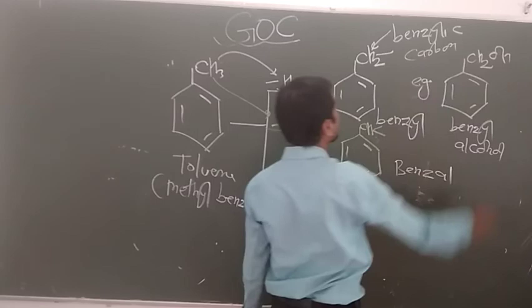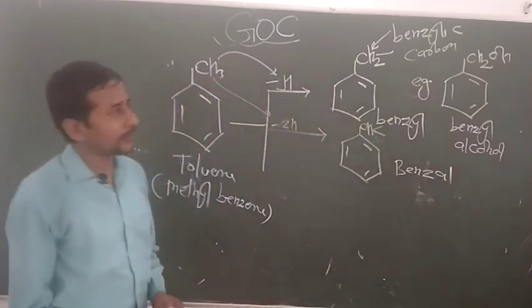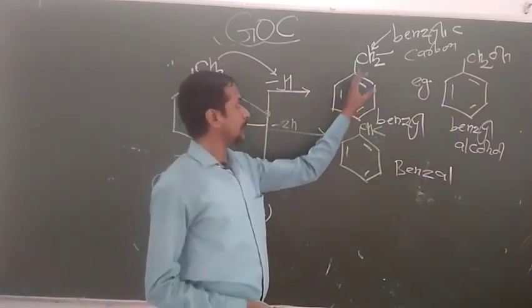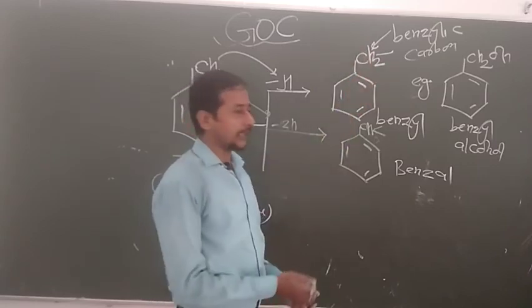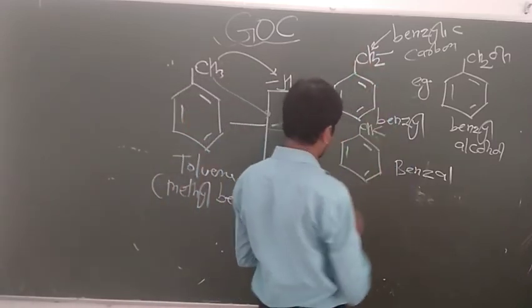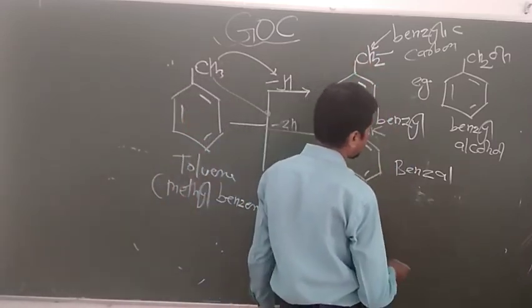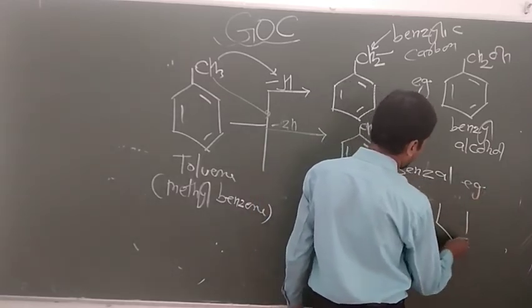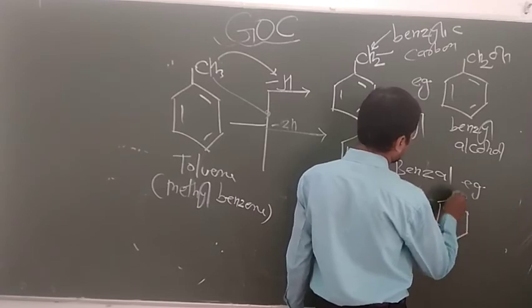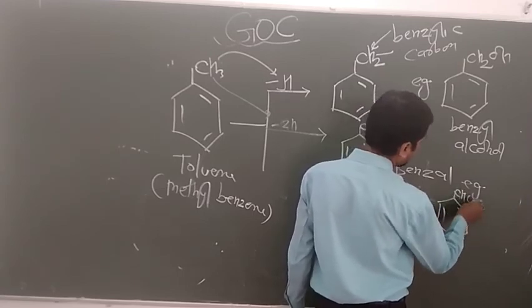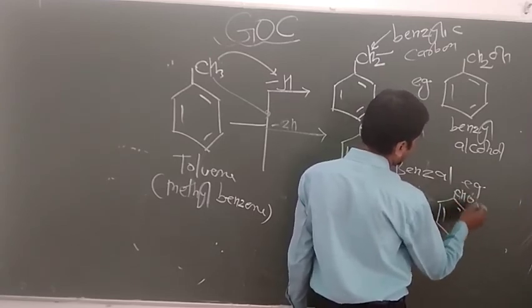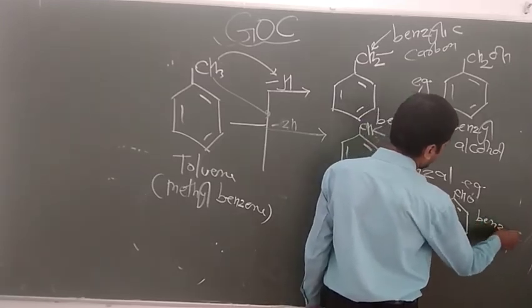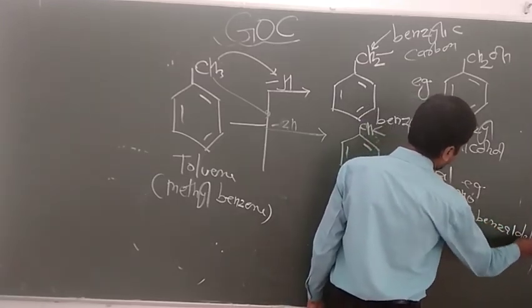So sometimes one question may be: attach the OH group at the benzylic carbon. The carbon attached to the ring is known as the benzylic carbon. If one H is removed, this is the benzyl group. Here is one example for this group: when 2 bonds are free, these 2 bonds are attached with O. So now this becomes benzaldehyde.